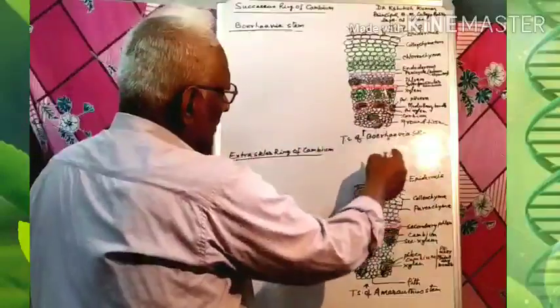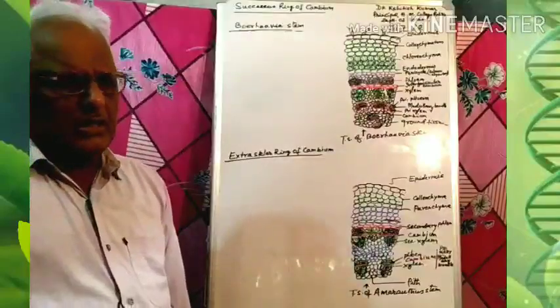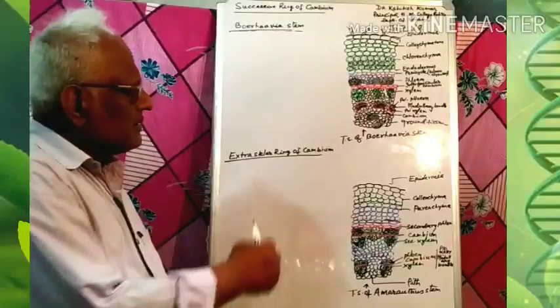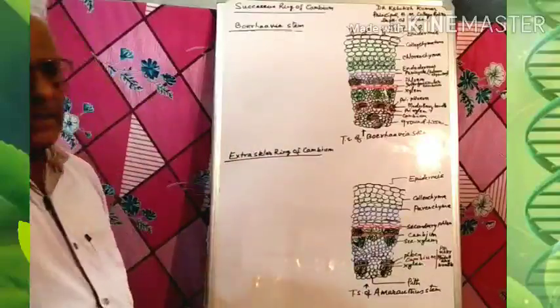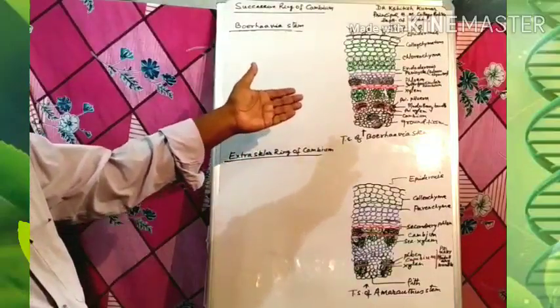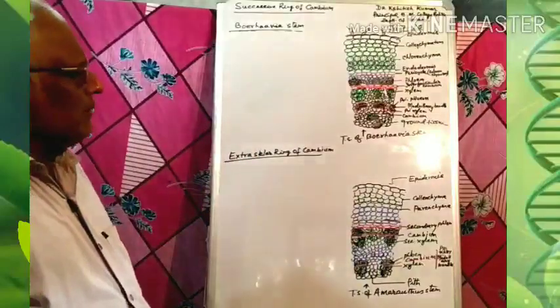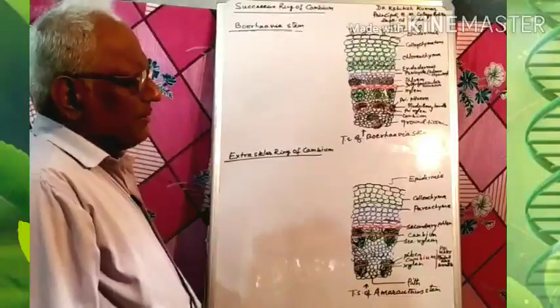The outermost, third ring contains several vascular bundles, and they are also conjoint, collateral and open. Thereafter is the zone of pericycle, then the endodermis, and afterward the cortex.